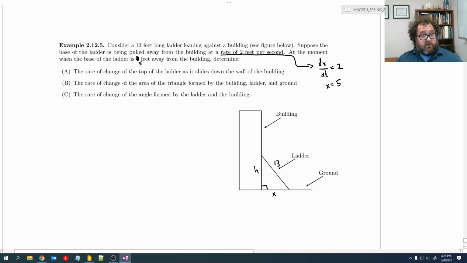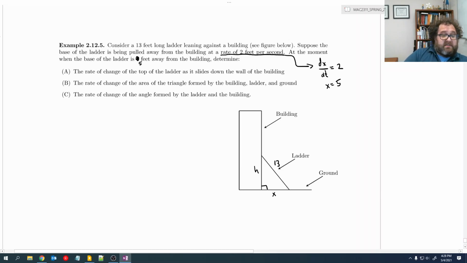Now, speaking of a related rates equation, how might we relate the hypotenuse, 13, the base, and the height of a triangle? What formula might do that? Maybe the most notable formula ever that everybody knows about, the Pythagorean theorem. That'll certainly relate the side h, the side x, and the hypotenuse 13.